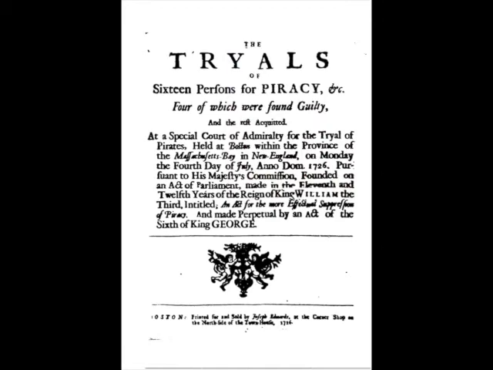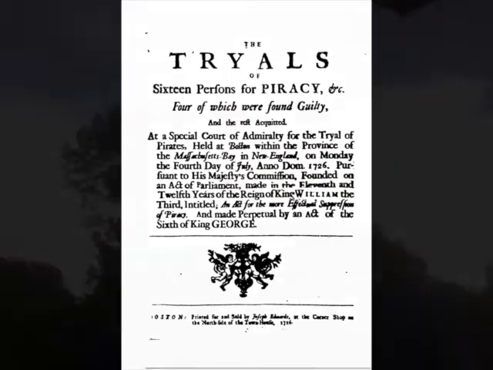Our third document shows several people were brought to trial for piracy in 1726. And our last document deals with the issuing of new shipping passes in 1729, probably in relation to the number of acts of piracy that were taking place in the colonies.